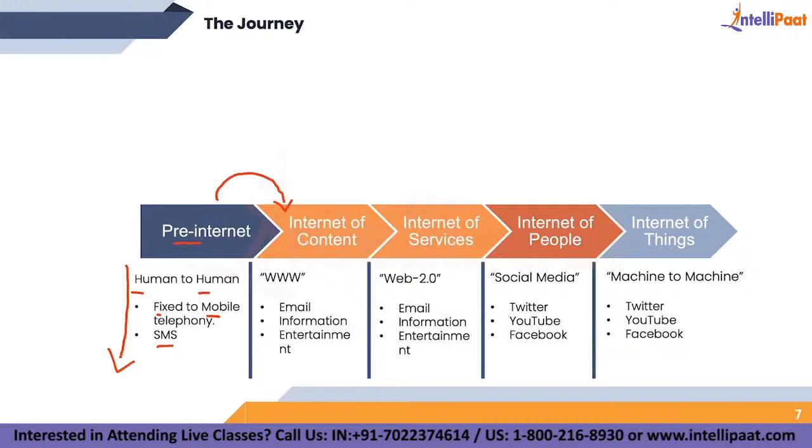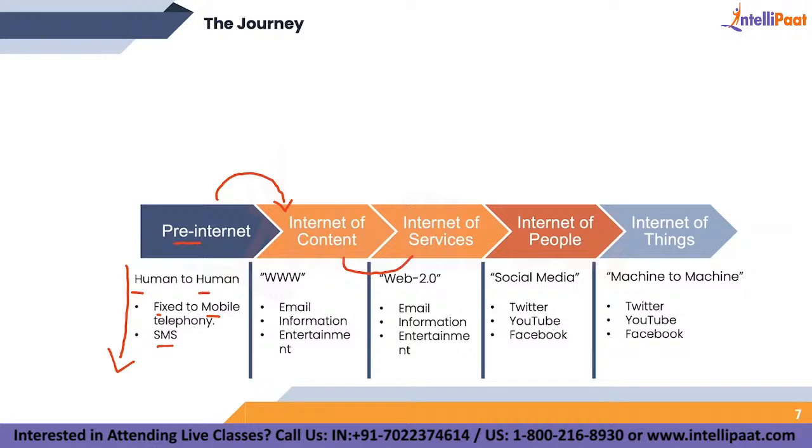And subsequently, we moved on to Web 2.0, which is the internet of services, where various services started being offered on the internet. It could be a file sharing service, a streaming service, an audio streaming service, or email, information, entertainment, with better presentation, better session management and security capabilities.